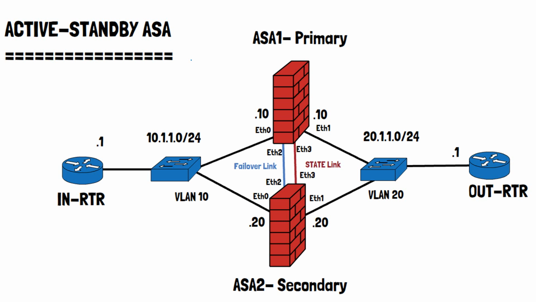What happens is that whenever the 2 ASA firewalls find each other, they call them mates. When they find a mate, at first there has to be a tiebreaker between them, saying, hey, you are the primary one, I want you to take the active role.